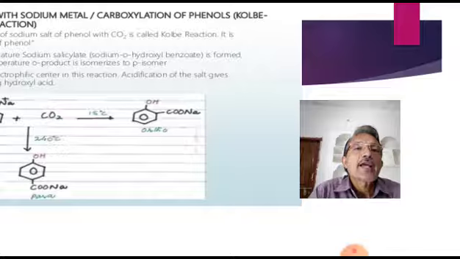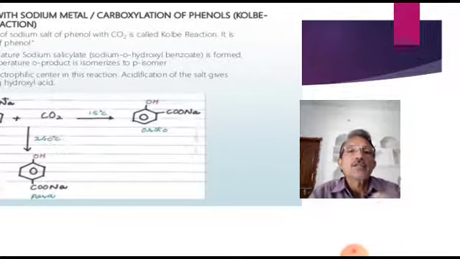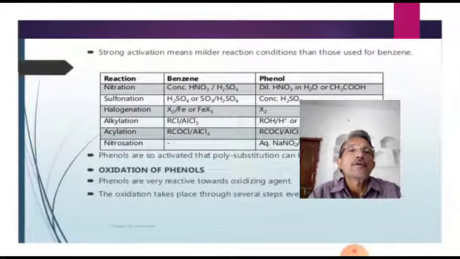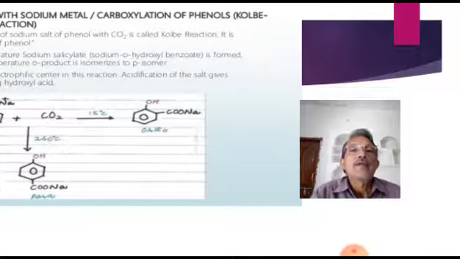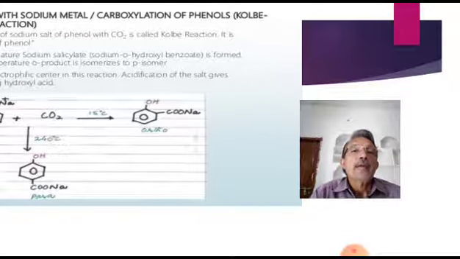Electrophilic center in this reaction. Acidification of the salt gives orthohydroxy acid. If you look at the equation, sodium salt of phenol reacts with carbon dioxide giving rise to ortho product and also para product.